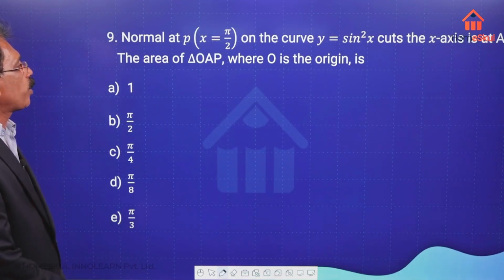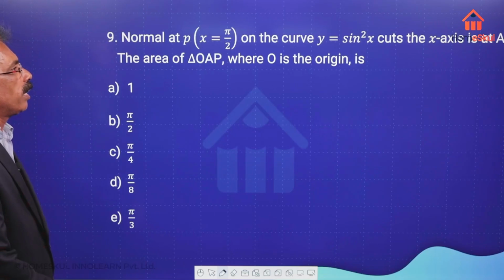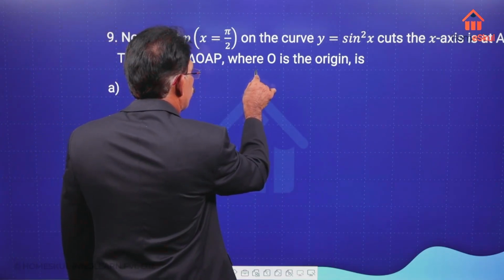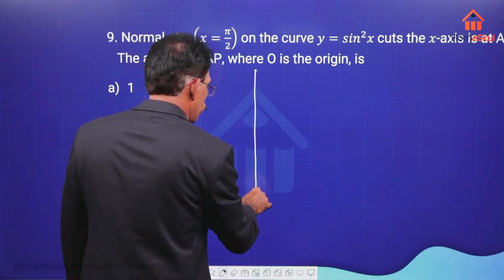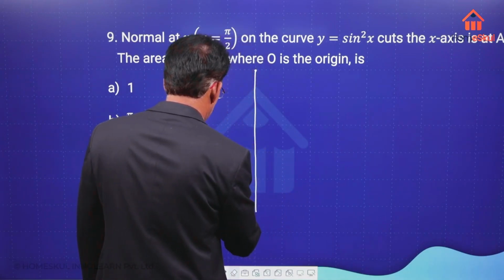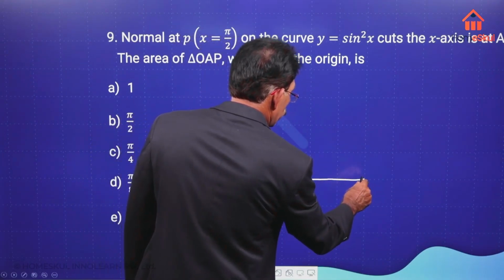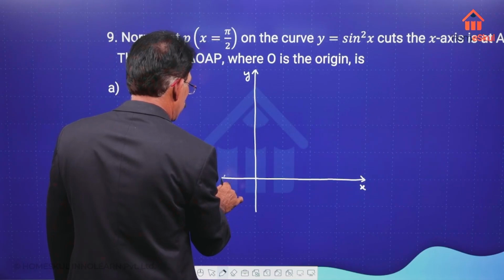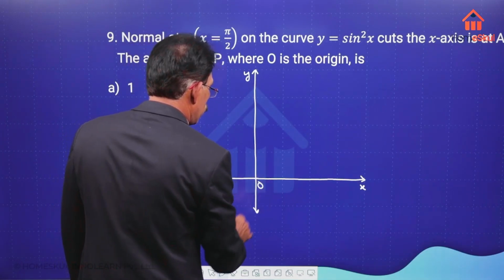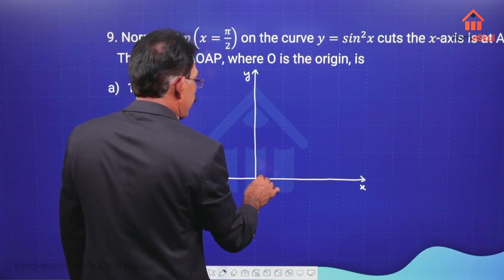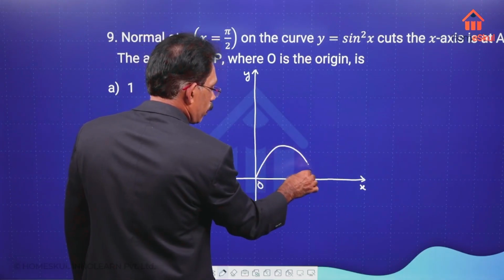The normal at P, x is equal to pi by 2, on the curve y is equal to sin square x, cuts the x-axis at A. Find the area of triangle OAP. Look, y is equal to sin square x, this curve is this one.